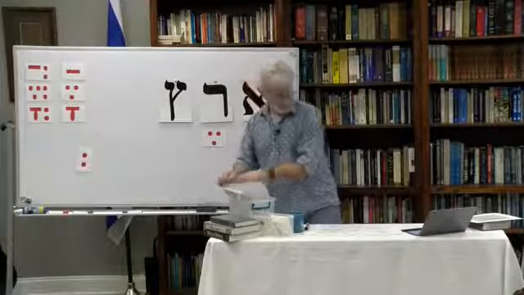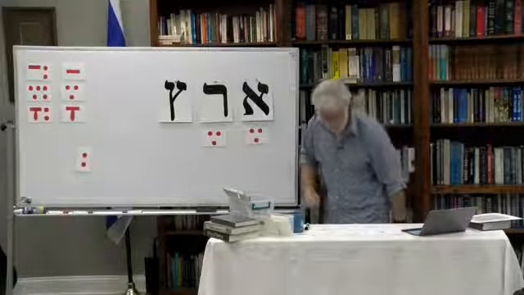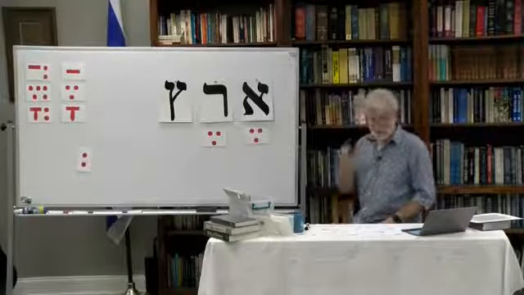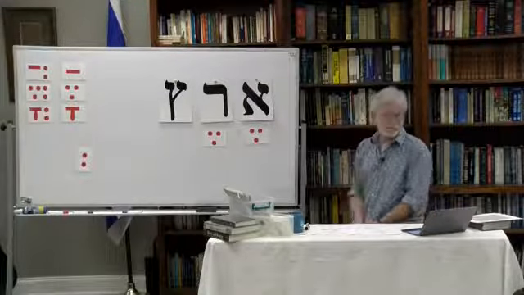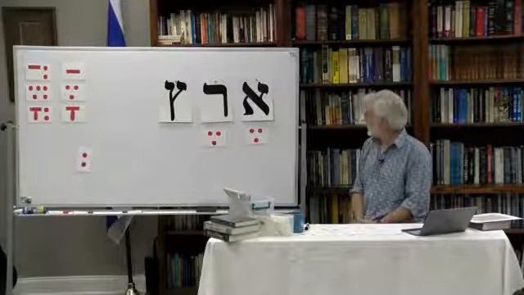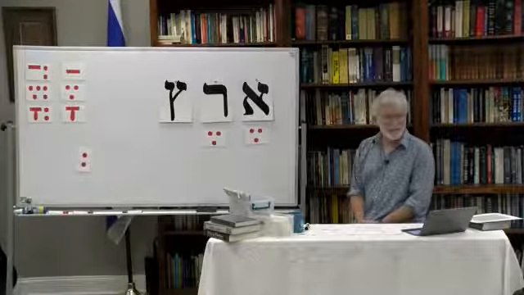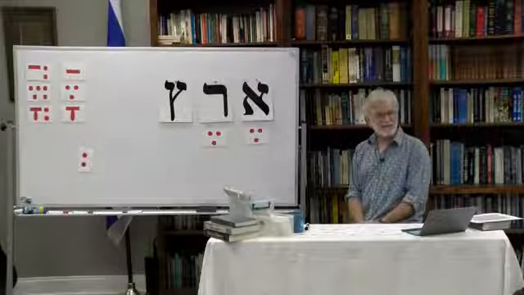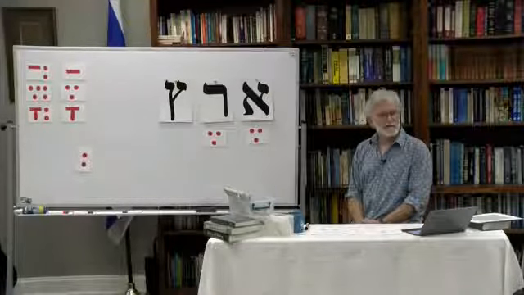Okay. Now, this particular word is the word eretz. This word is found many, many times in the Hebrew Bible, and it's translated as land. It's also translated as earth.